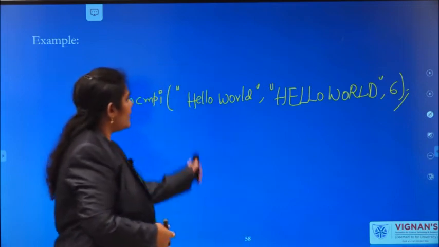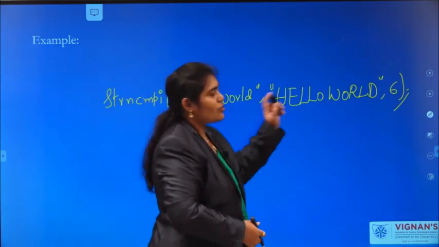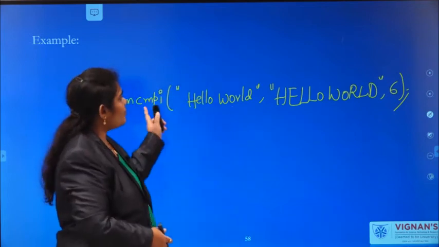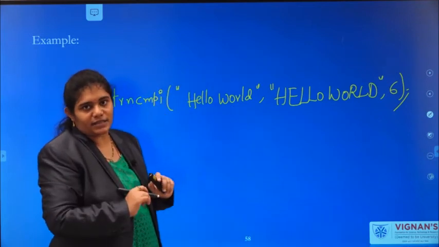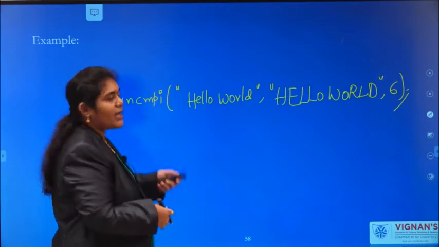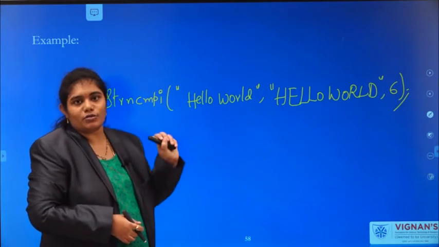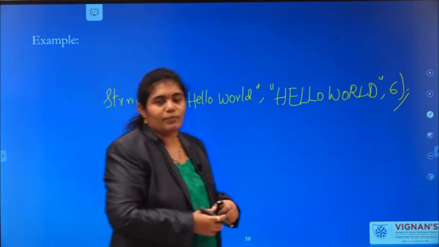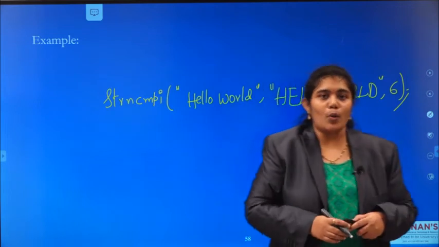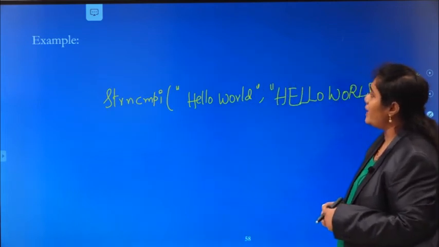Here we have all in mixed case and here all the characters are in uppercase only, and I am going to compare only 6 characters. So this is the way you can compare two strings with a number also. How many characters you are going to compare, that number you can provide as an input. Right? This is about strncmpi.